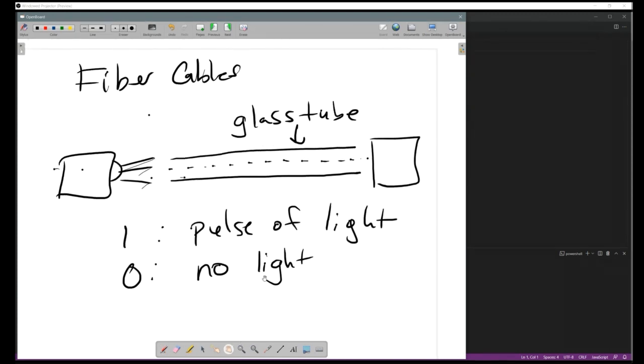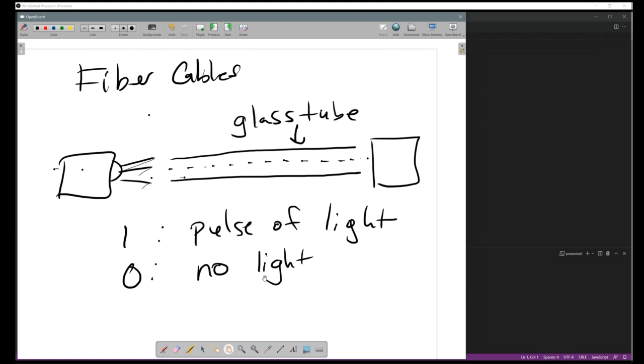Okay, so first, the theoretical maximum speed of optical cables is bound by the speed of light. So you would imagine that we'd be able to send data infinitely fast because we can just send it at the speed of light.